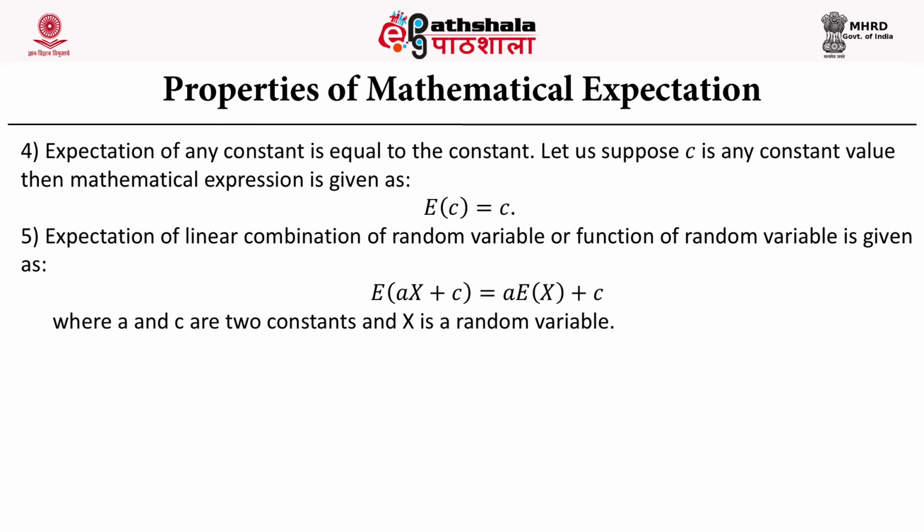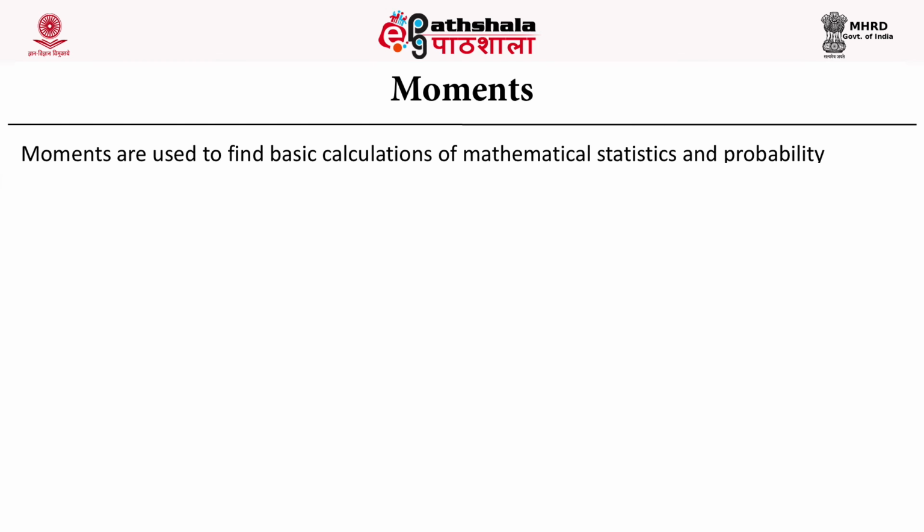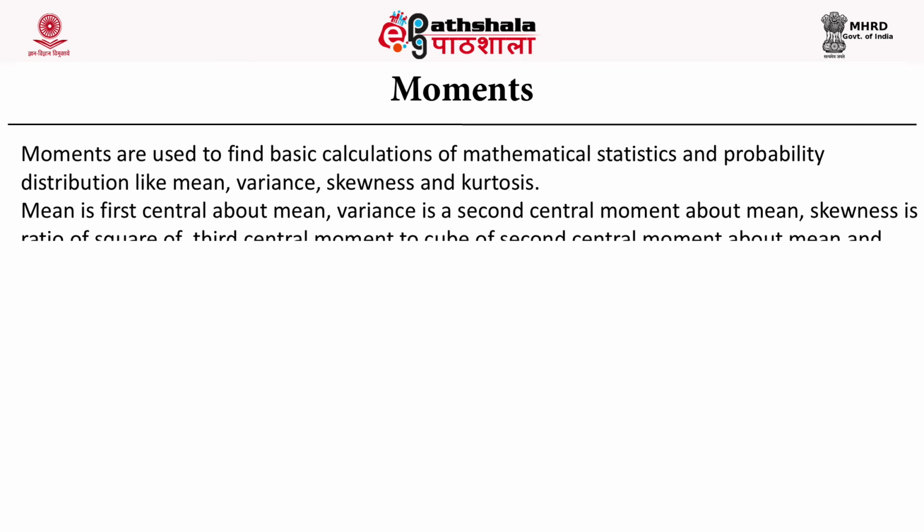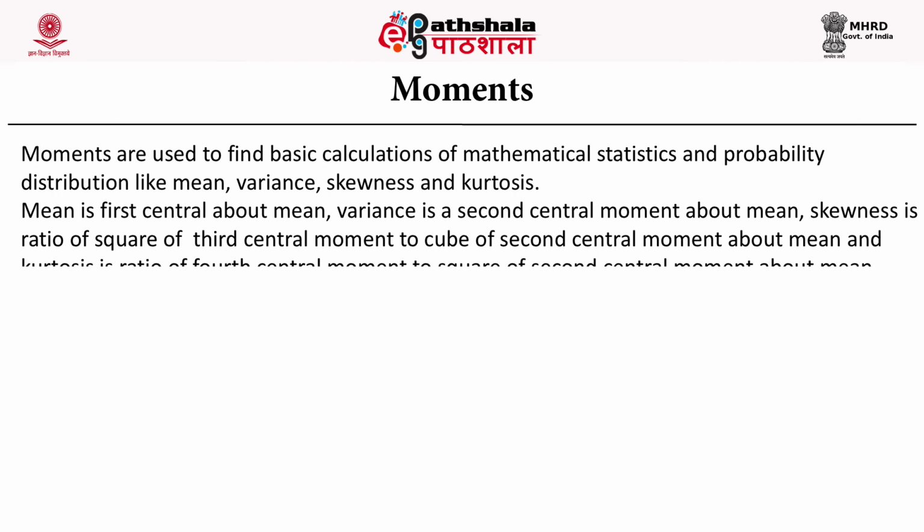Now we will discuss how moments can be found from these mathematical properties of random variables. Moments are used for the basic calculations of mathematical statistics and probability distributions like mean, variance, skewness and kurtosis.